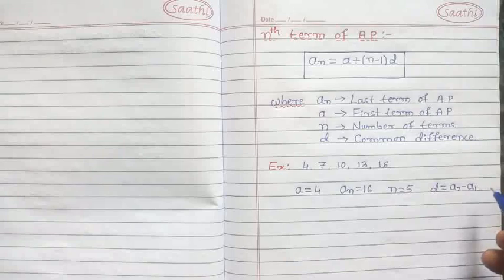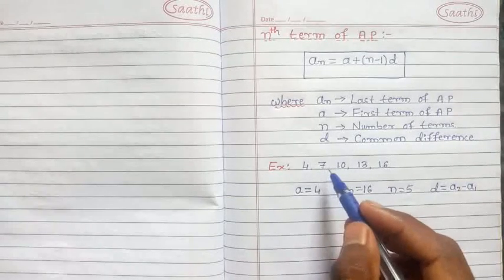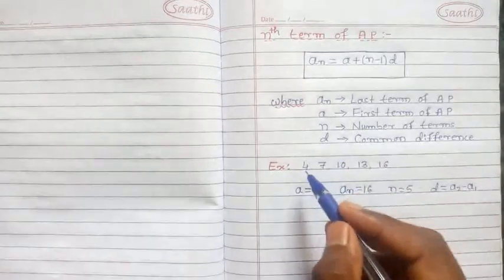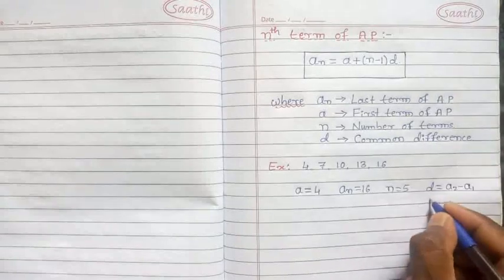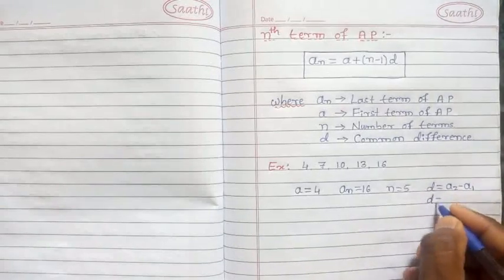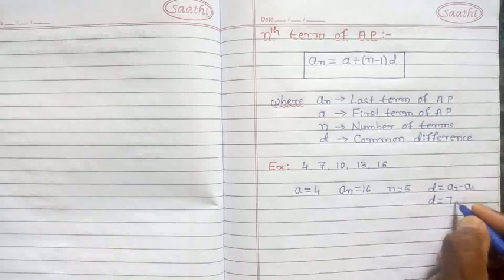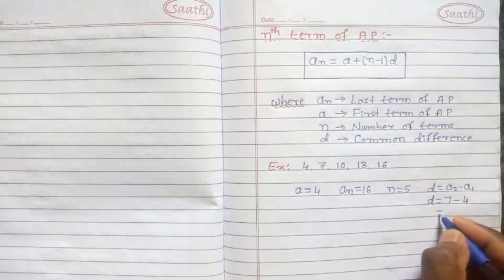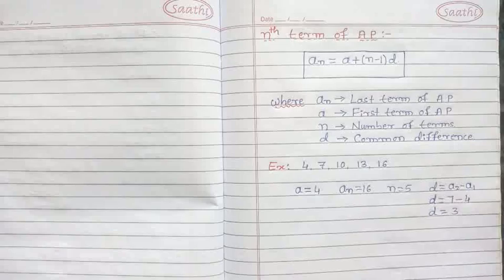In this progression, 7 is the second term and 4 is the first term. So d = 7 - 4 = 3. Therefore the common difference is 3.